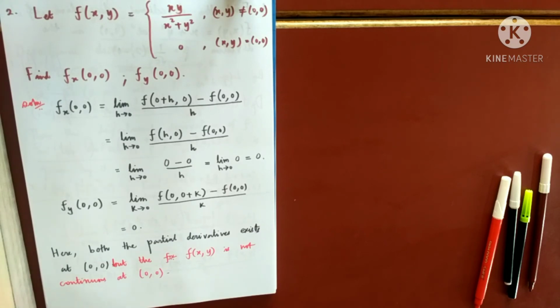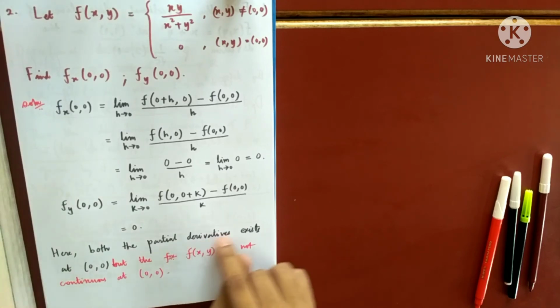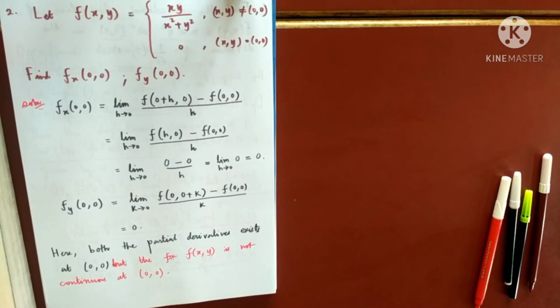Now, in several variable calculus, the existence of partial derivatives at a particular point may not guarantee the continuity of a function at that point. Even when both partial derivatives exist at 0, 0, the function may not be continuous at 0, 0. In single variable calculus, if the function is differentiable, we can clearly say the function is continuous. But here, I cannot say.